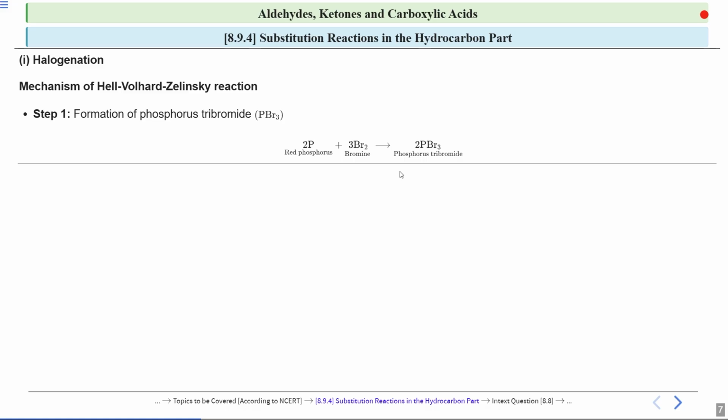This step is important because PBr3 acts as a catalyst and helps activate the carboxylic acid for the next part of the reaction. Notice how the reactants combine in the ratio 2:3 to produce the product. So step 1 is the formation of phosphorus tribromide, PBr3.